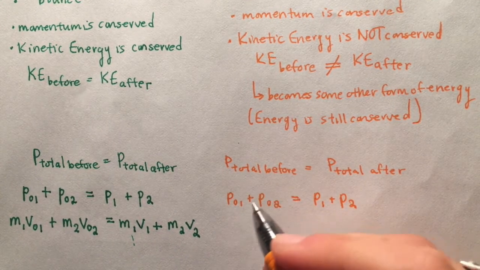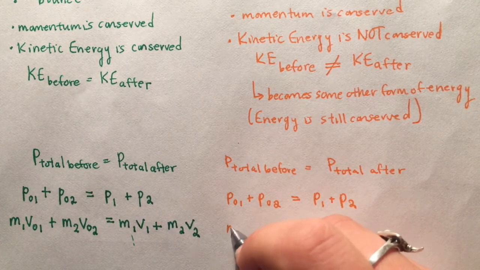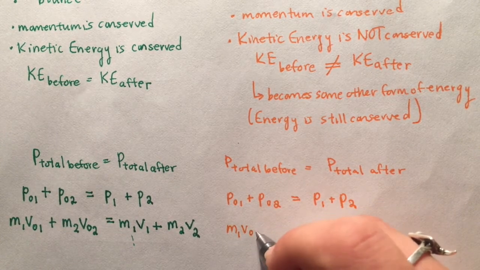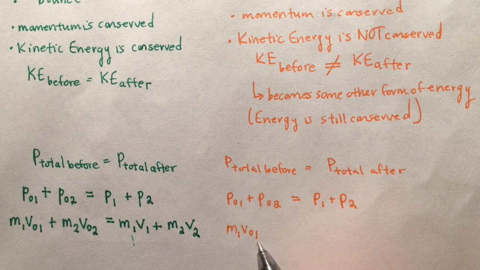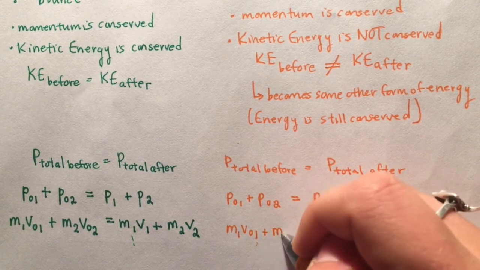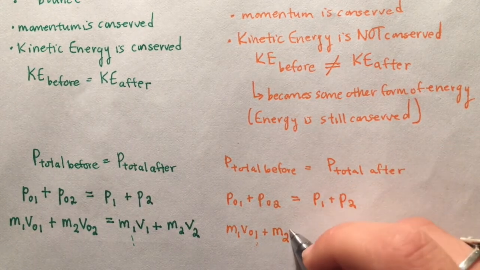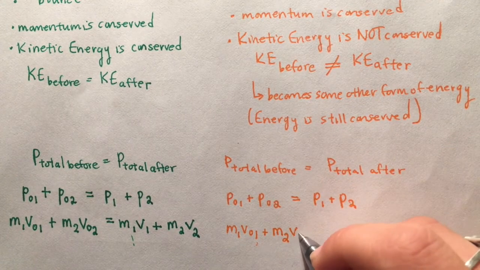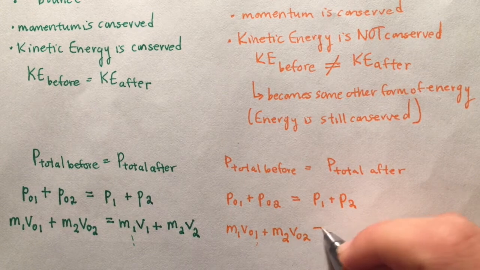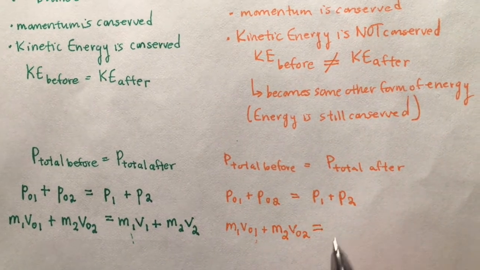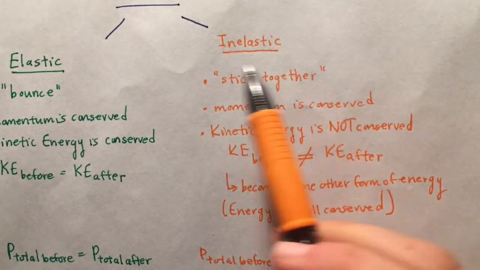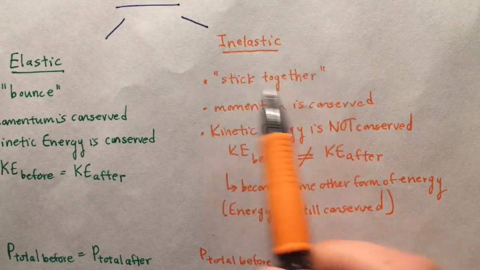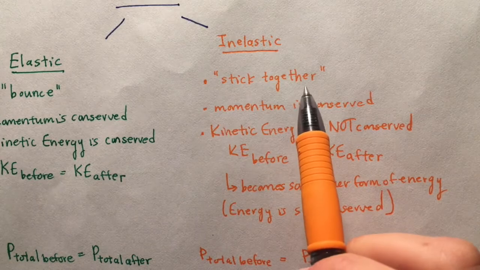The first part stays the same as for elastic collisions. So the initial momentum is going to be m1 v01, mass of object 1 times initial velocity of object 1, plus m2 v02, mass of object 2 times the initial velocity of object 2. That's equal to, okay, this is the key part. Remember, in an inelastic collision, objects stick together. What does that mean?